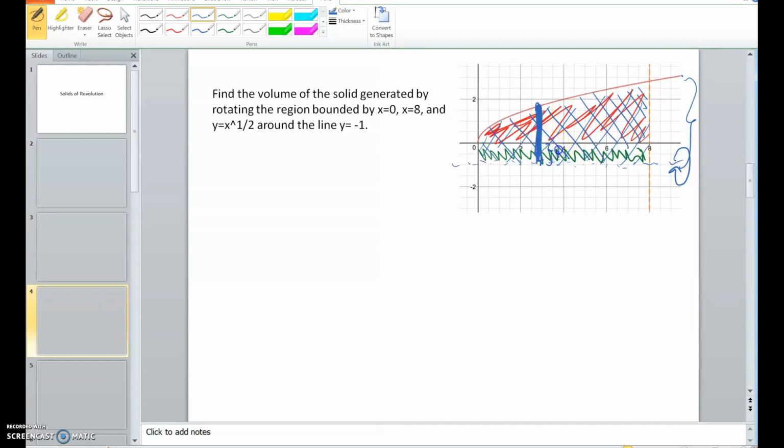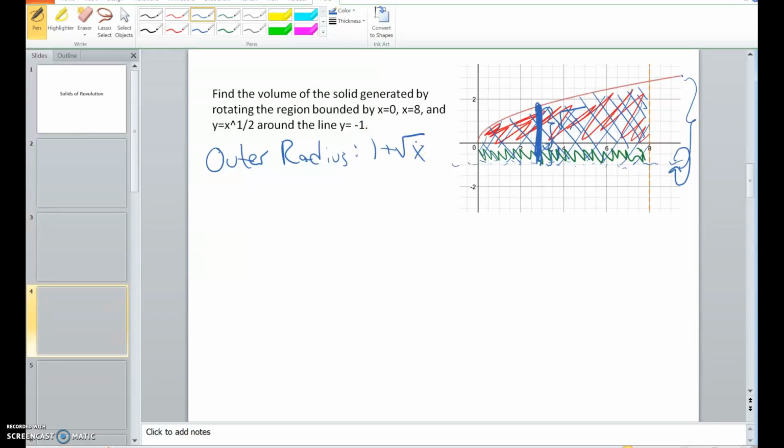We know that in order to get from -1 up to the axis, we go 1 unit. And then in addition to that, we're going to go up by square root of x. That's how much this distance is. So the outer radius, the larger radius, is 1 plus the square root of x.